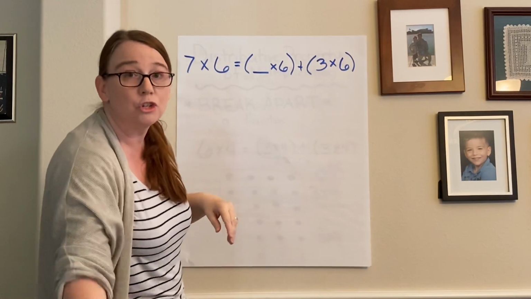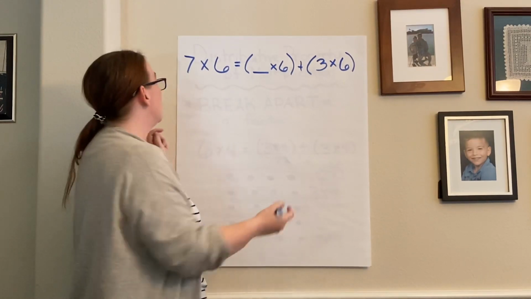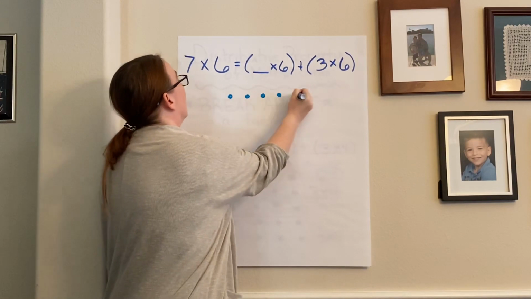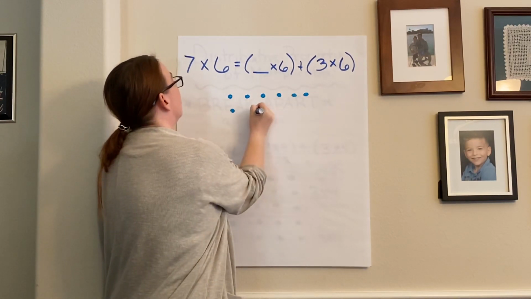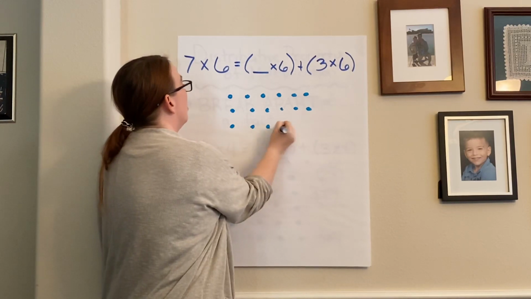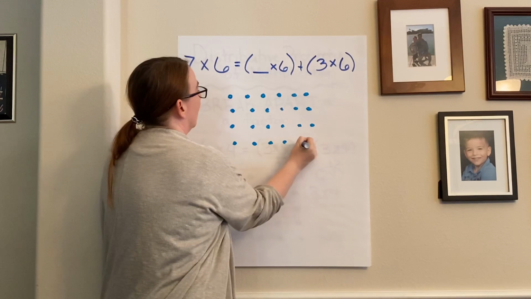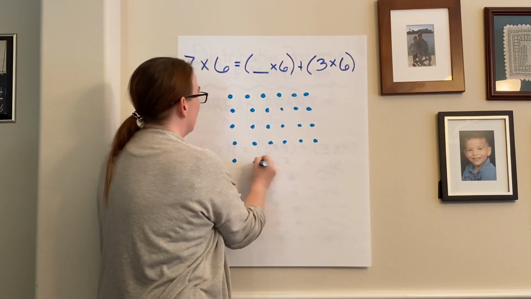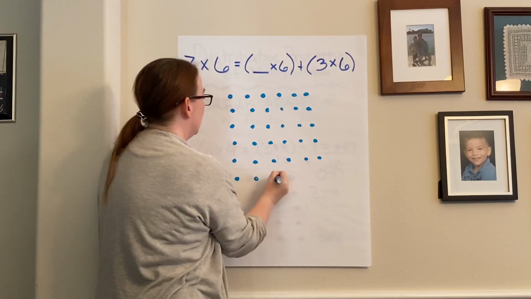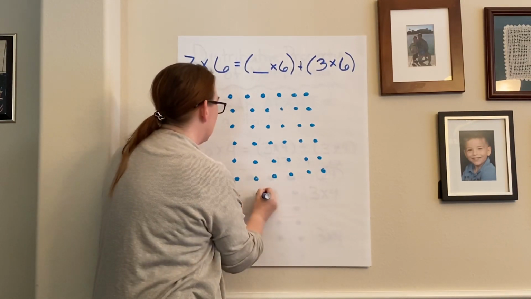So I'm going to draw my array, 7 rows of 6. 2 rows, 3 rows, 4 rows, 5 rows, 6 rows, almost done. 7 rows.